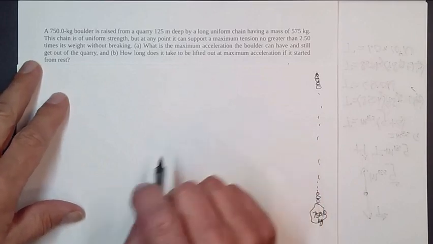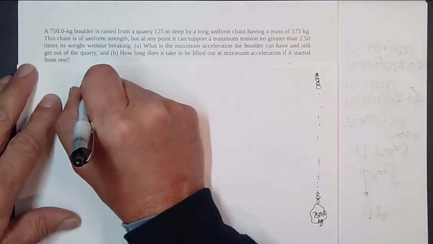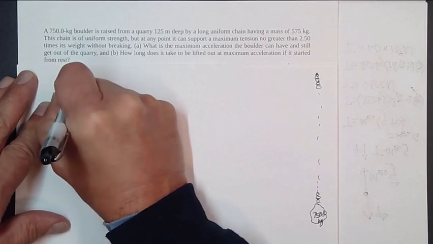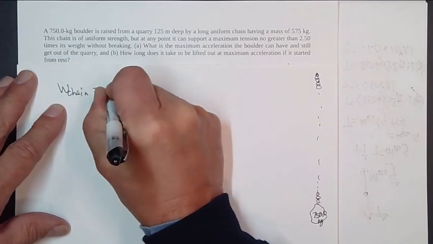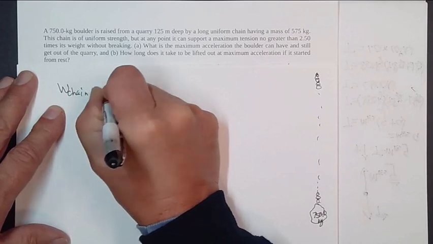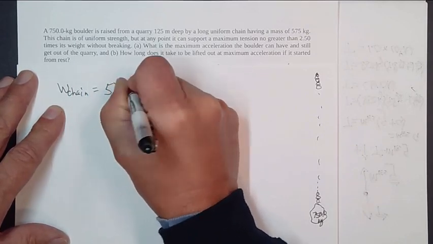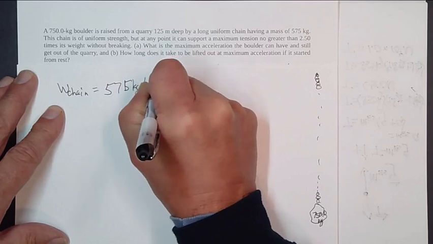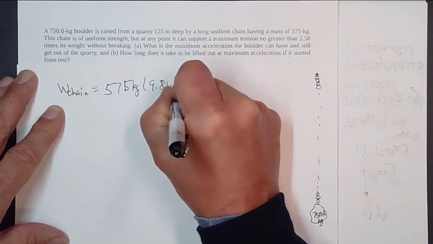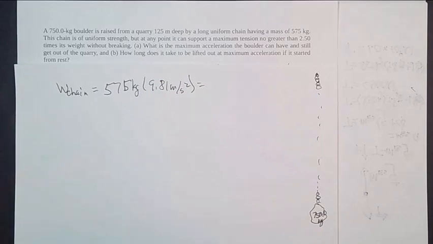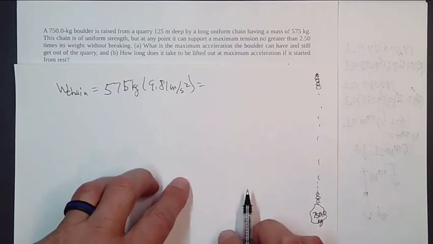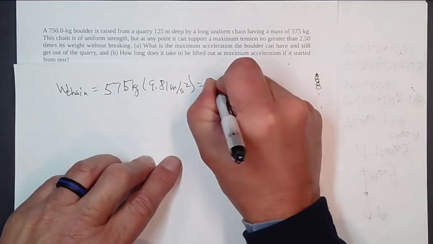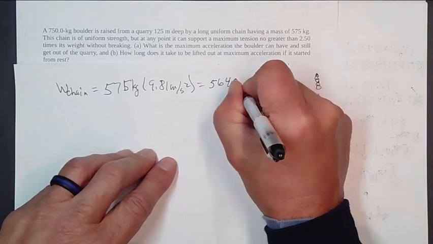Well, the weight of the chain is going to be 575 kilograms times 9.81 meters per second squared, which is 5,640 newtons.